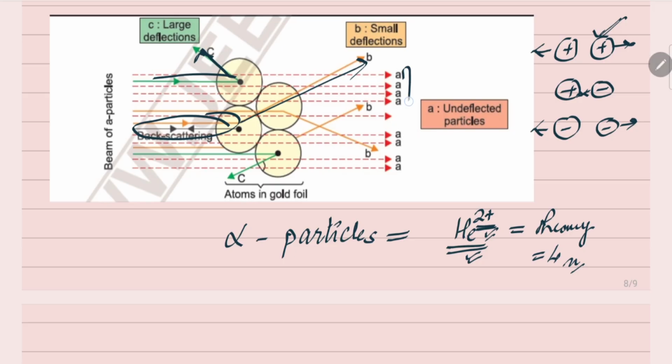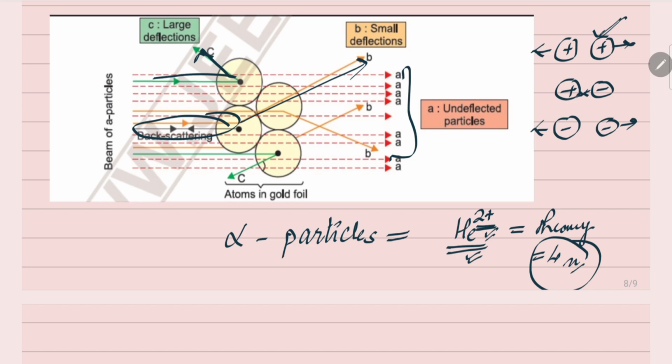Most of them are undeflected, a few of them are deflected. And why are they deflected? Because these atoms have a positively charged substance in them. One more thing you have to remember, they are only deflected back when that positive charge is heavy enough to bounce back this heavy alpha particle.